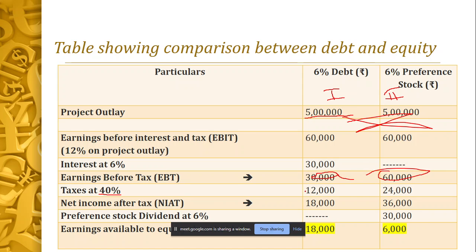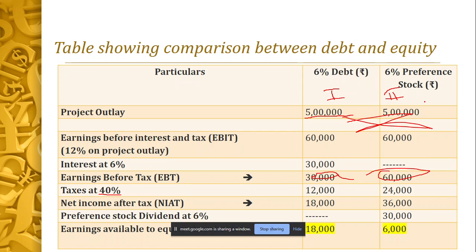Now, the tax would be 12,000 for the first scenario, that is 40% on 30,000, and 24,000 represents 40% on 60,000. Because of this, the net income after tax would be 18,000 for 6% debt and 36,000 for preference stock.